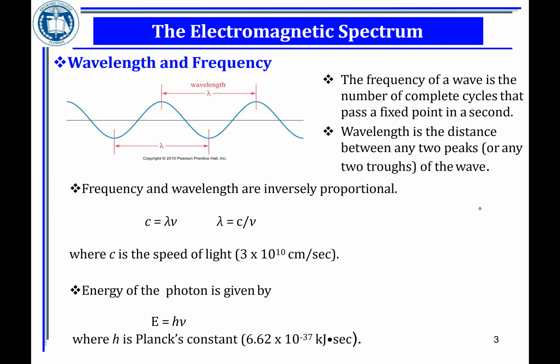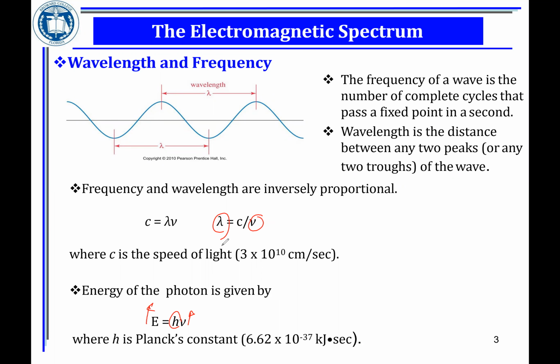Frequency is directly related to the energy. So the higher the frequency, the higher the energy, because we have Planck's constant. The wavelength is inversely proportional to the frequency. The higher the wavelength, the smaller the frequency.